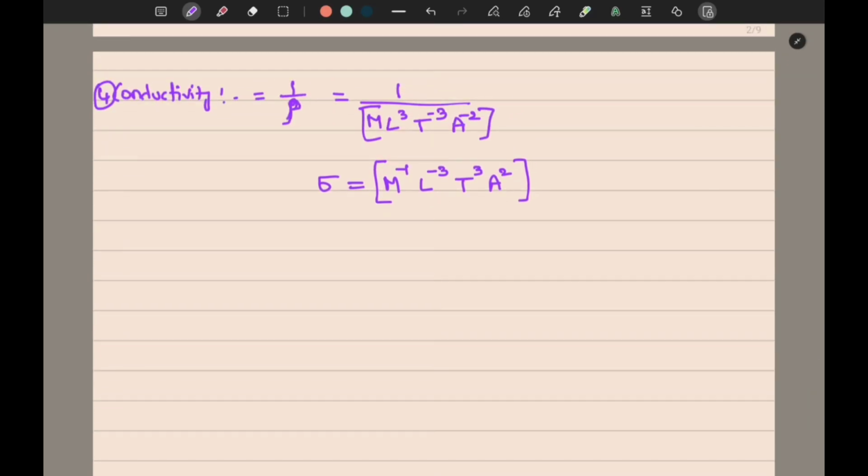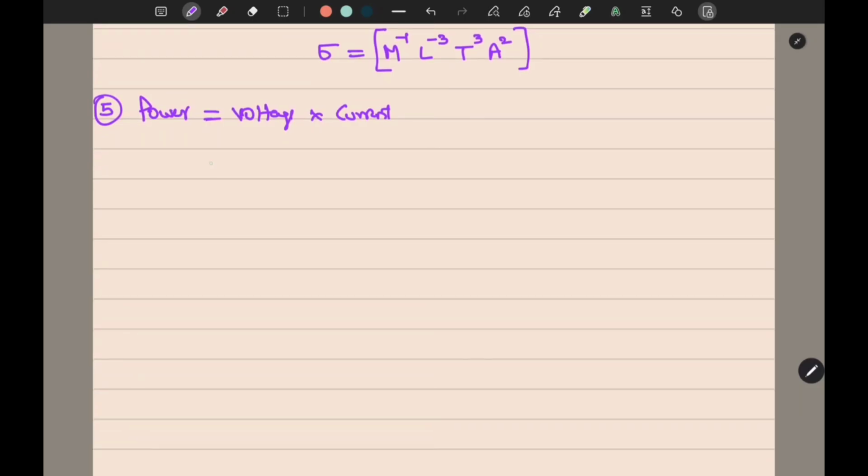Next, we go to another basic quantity, that is power. You know that power is equal to voltage into current.